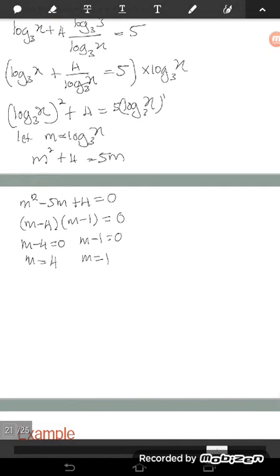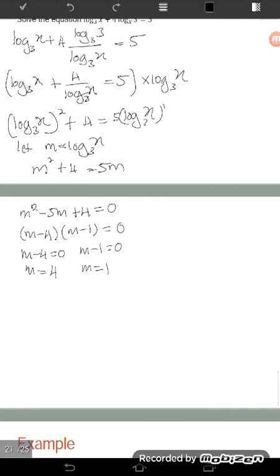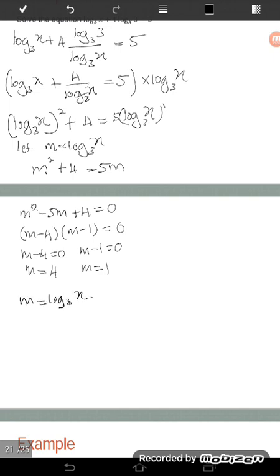Then solve the value of x, selesaikan x. Okay, so from m equal to log x base 3, so if m equal to 4, so we will have log x base 3 is equal to 4.